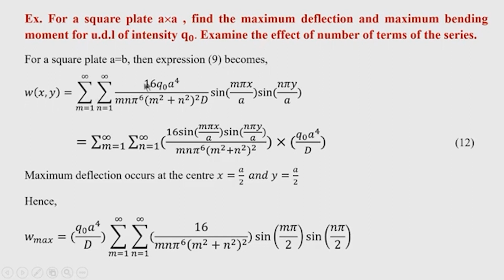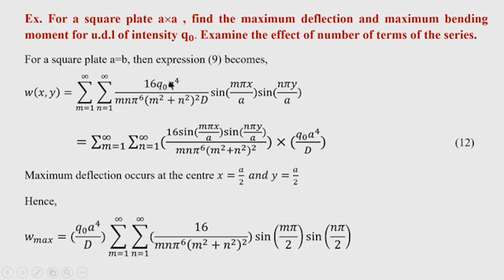So, w(x, y) is given as the summation of the term 16 q naught a to the power 4, because a is equal to b. I have manipulated this such that the dimension factor a only remains here.